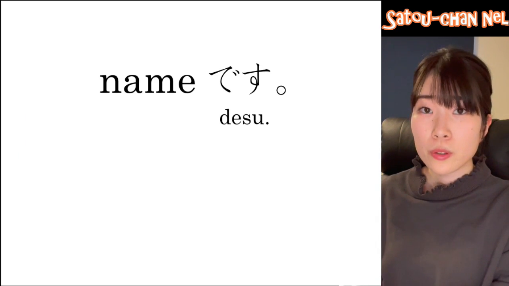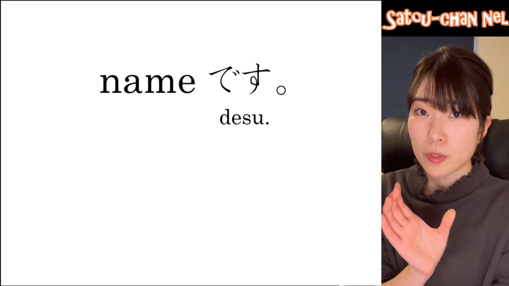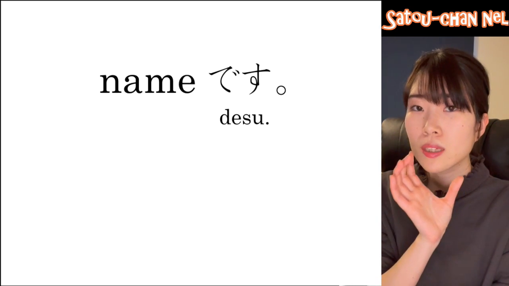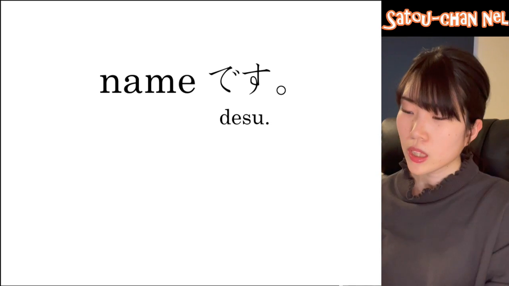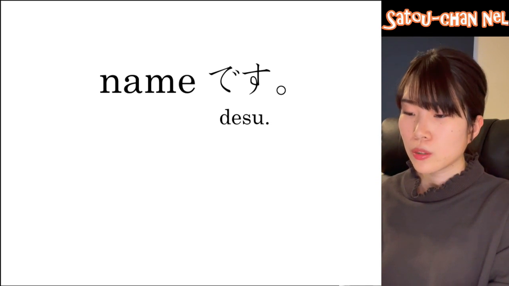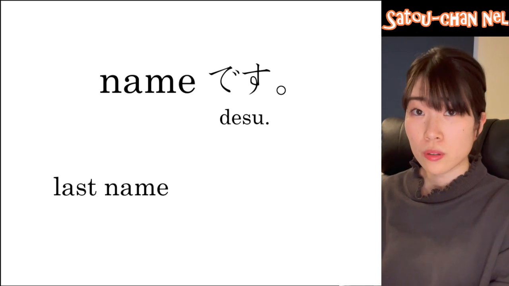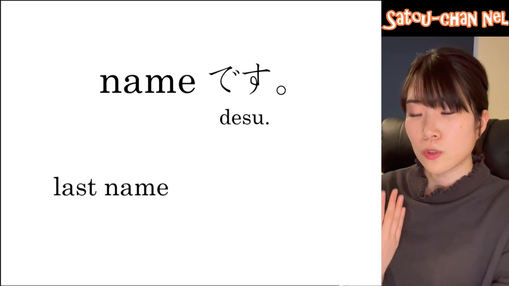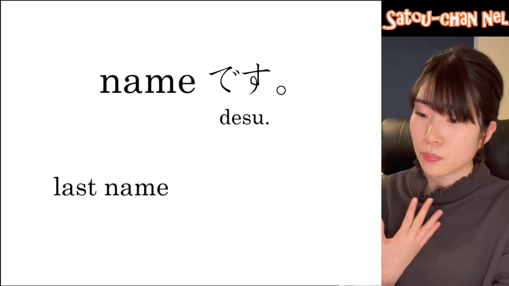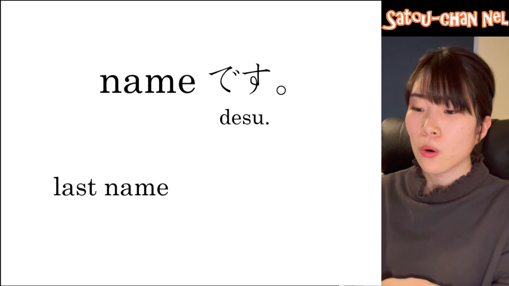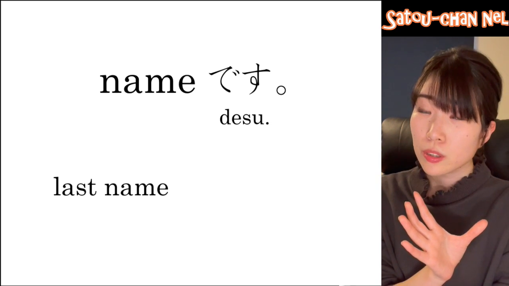So when you tell your name, just say the name and add des. Sato des, Jasmine des, Philip des. In Japan, people usually use their last names only in a formal situation. In a casual situation, you can use first name only. Or if you want to tell your full name, you can do that too.